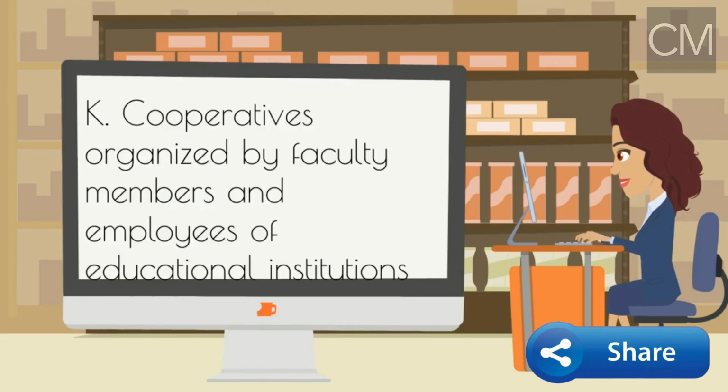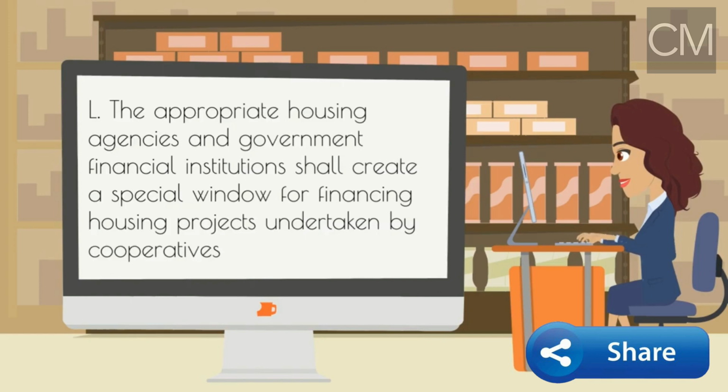Cooperatives organized by faculty members and employees of educational institutions. The appropriate housing agencies and the government financial institution shall create a special window for financing housing projects undertaken by the cooperatives. These are the privileges of cooperatives.